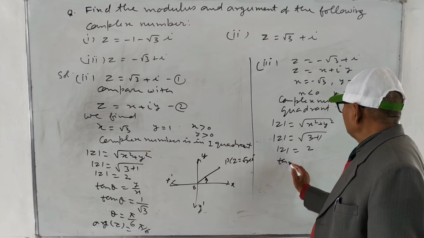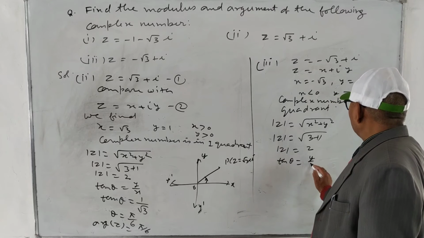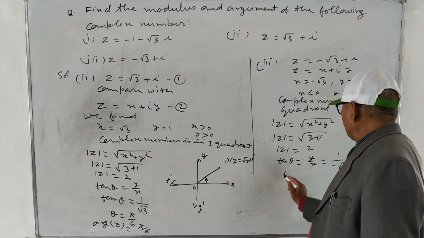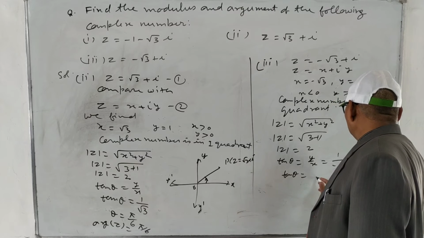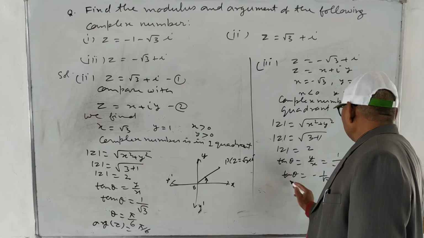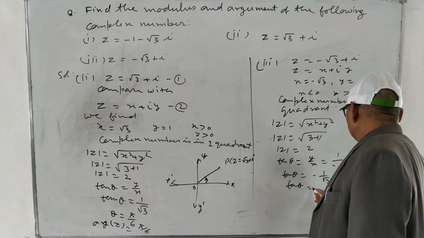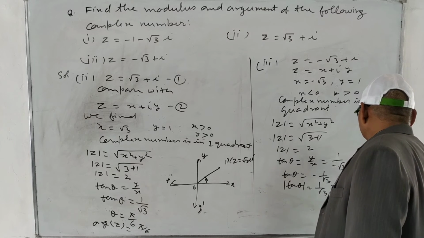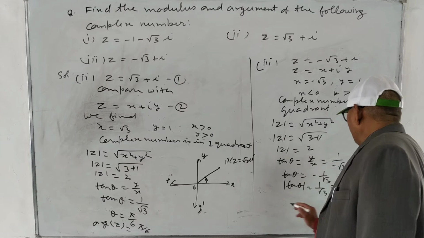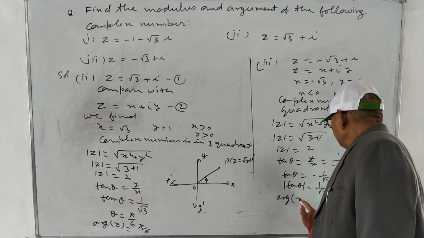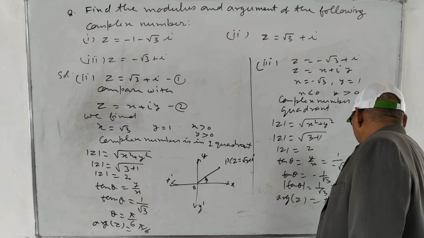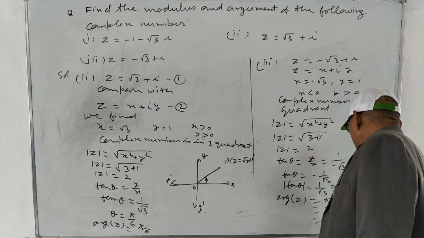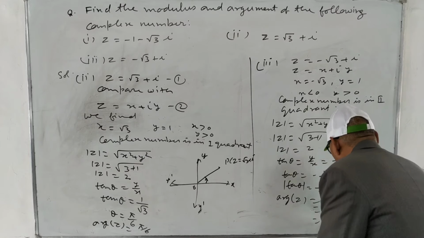And your tan theta is equal to y upon x, that is equal to 1 upon minus root 3. Tan theta is equal to minus 1 upon root 3. Mod of tan theta is 1 upon root 3, which implies that theta is pi by 6, and argument of z is equal to pi minus theta, that is equal to pi minus pi by 6. So argument of z is 5 pi by 6.